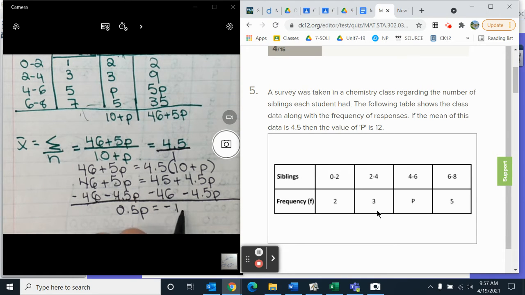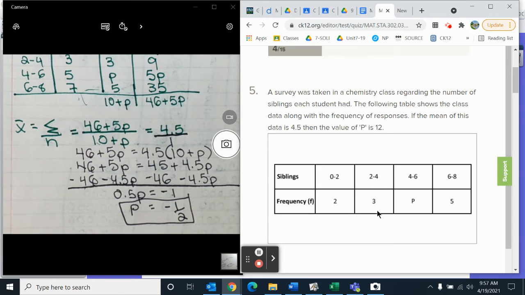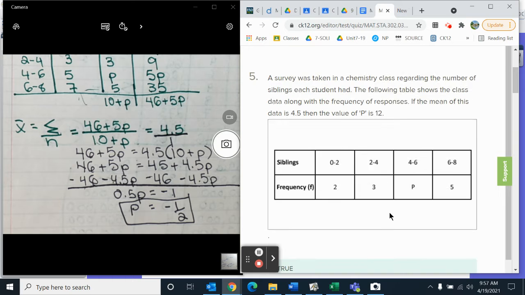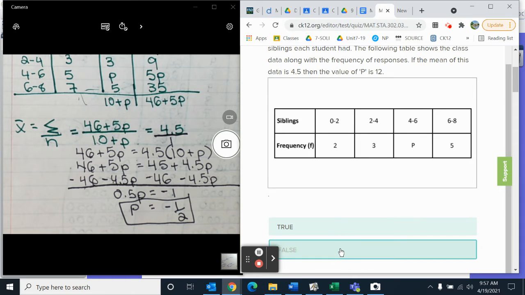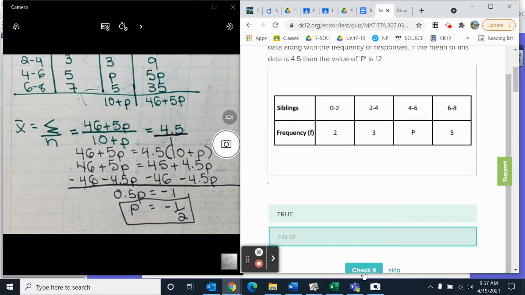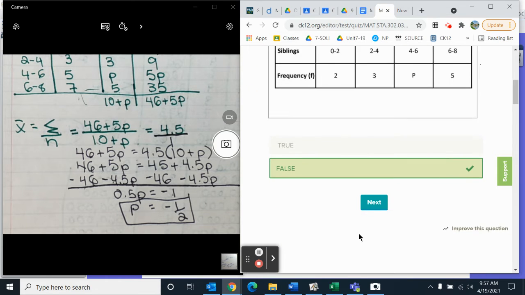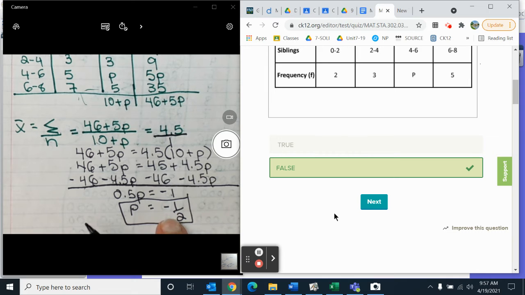If we divide by half, we get -1/2. Well, they're claiming that the p-value is 12, and that's false. Make sure to check it, and we can see that that is correct. It's not 12, it's -1/2.